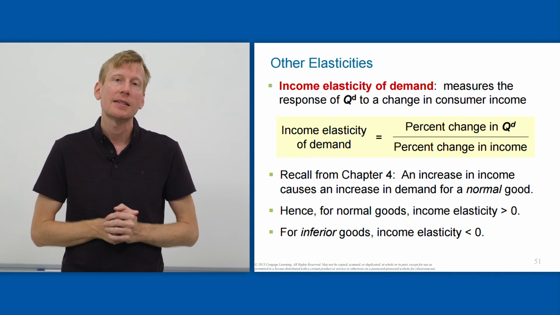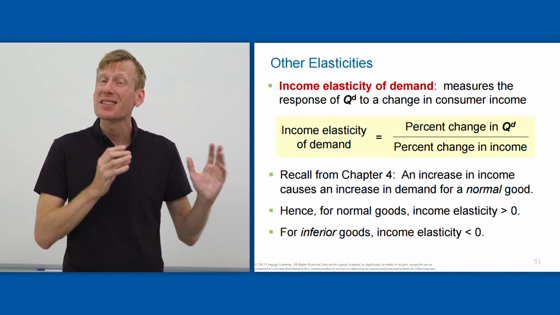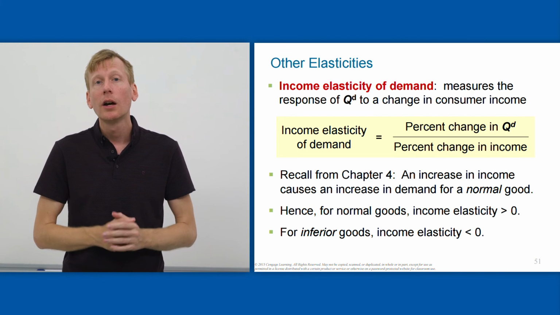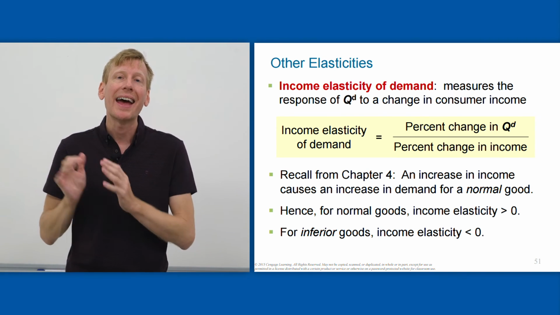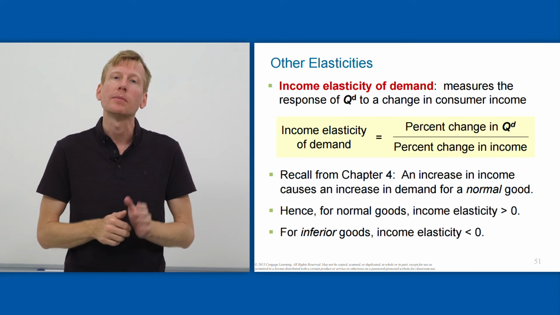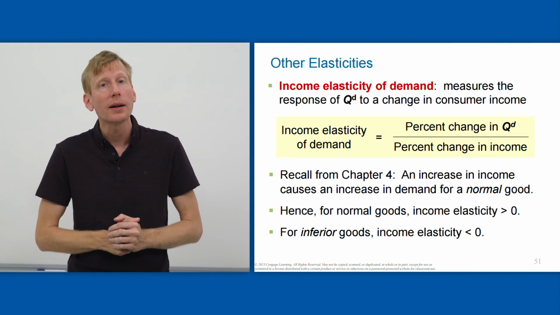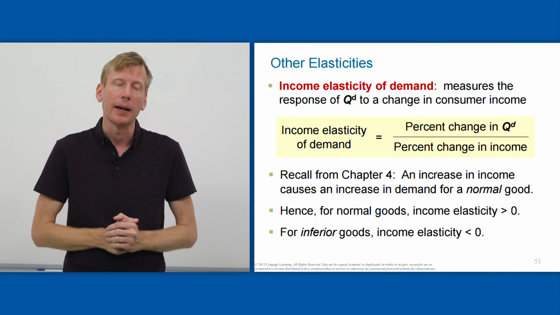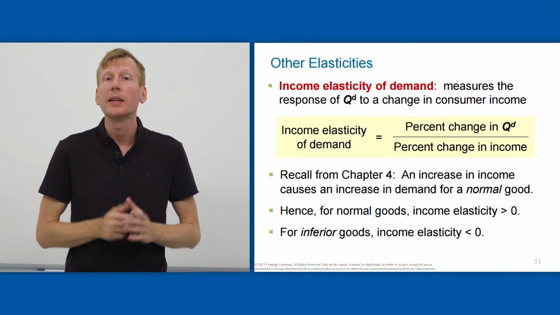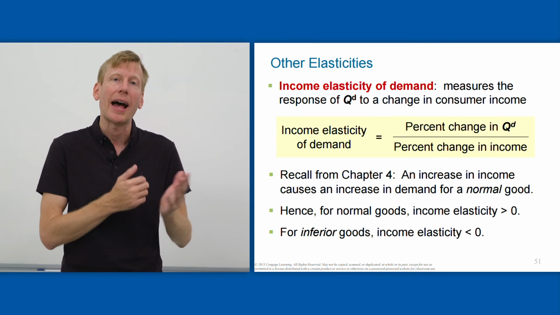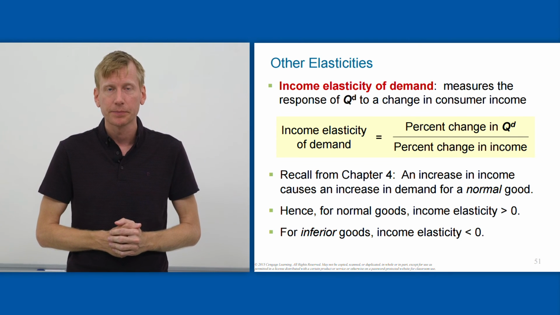Now, this income elasticity of demand could be for an individual person, based on that person's quantity demanded for a good, or it could be calculated at the market level, where we're looking at an average increase in income for all of the market participants. And if we're looking at a market level income elasticity of demand, then this would characterize a product. We could talk about the income elasticity of demand for apples, or the income elasticity of demand for housing.